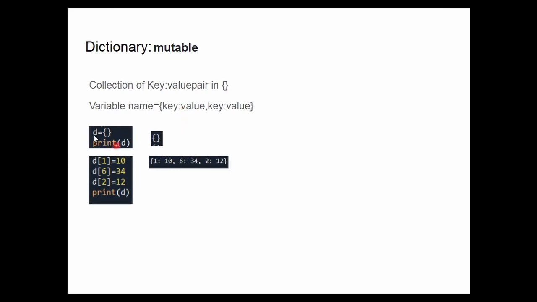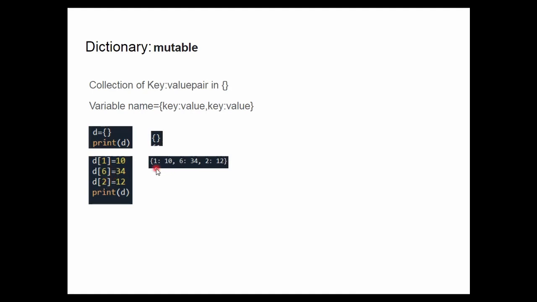So here we have created D equal to curly braces, so it can be a set also. So print D. Now D of 1 is equal to 10, D of 6 is equal to 34. As we are using an assignment operation, assignment is allowed in dictionary, it's not allowed in set.